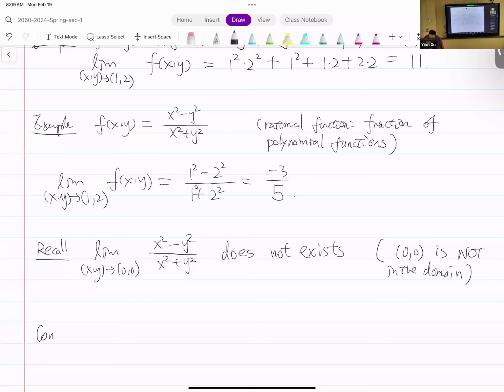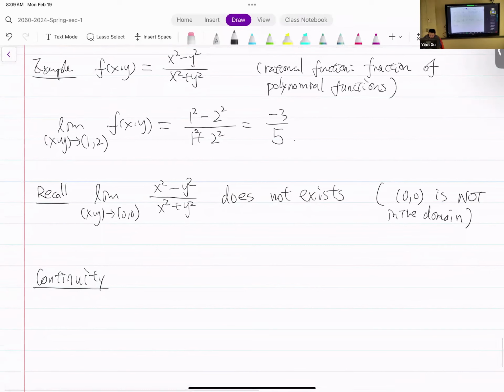So then we can talk about continuity. So definition. So basically, once we define the limits of a multivariate function at a point, then the definition of continuity is just going to be a direct generalization as well. Okay.